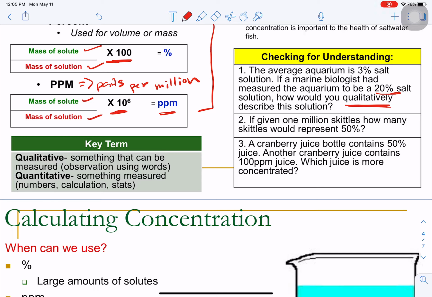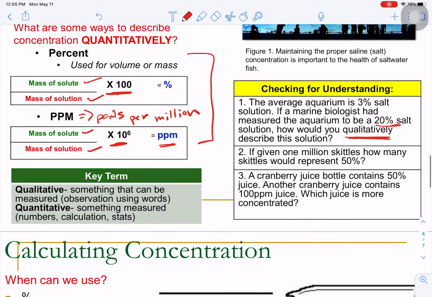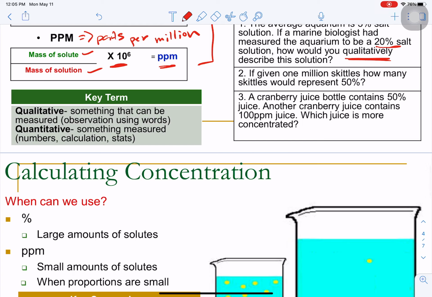Number 2. Given 1 million Skittles, how many Skittles would represent 50%? Well, if you had 1,000,000 Skittles, how much would represent 50%?